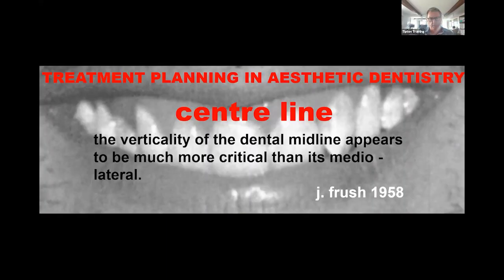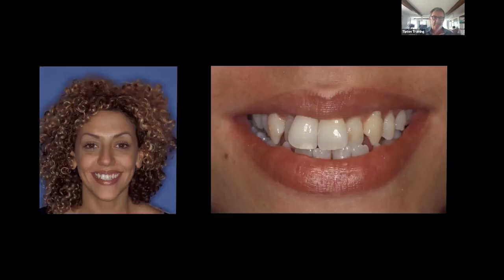What is more important than center line is the verticality of the center line. So more important than getting it mesiodistally correct is to get it so that it is at 90 degrees to the incisal edges, the verticality. So let's look at a case. So this lady refused orthodontics. She's a hairdresser.